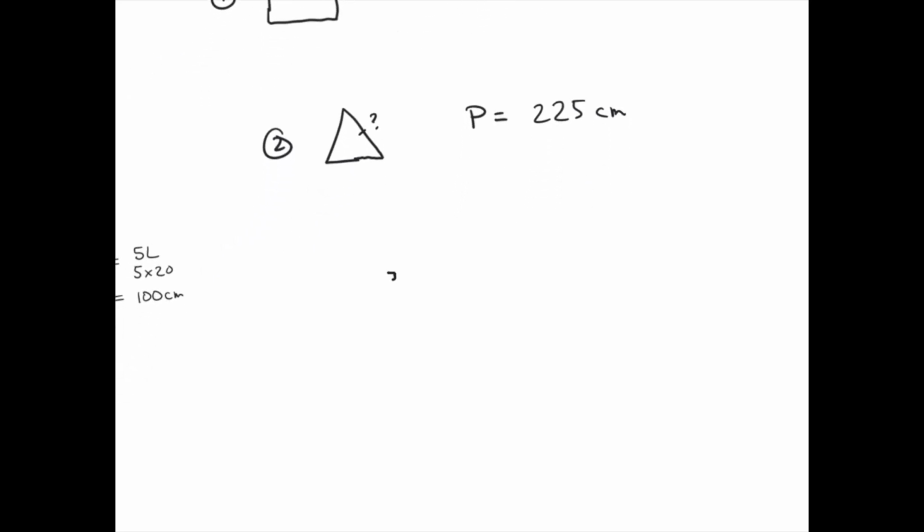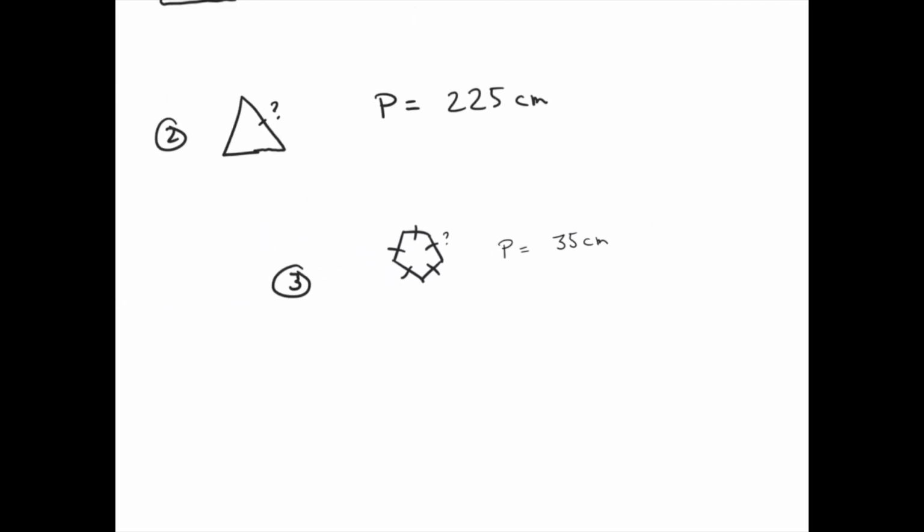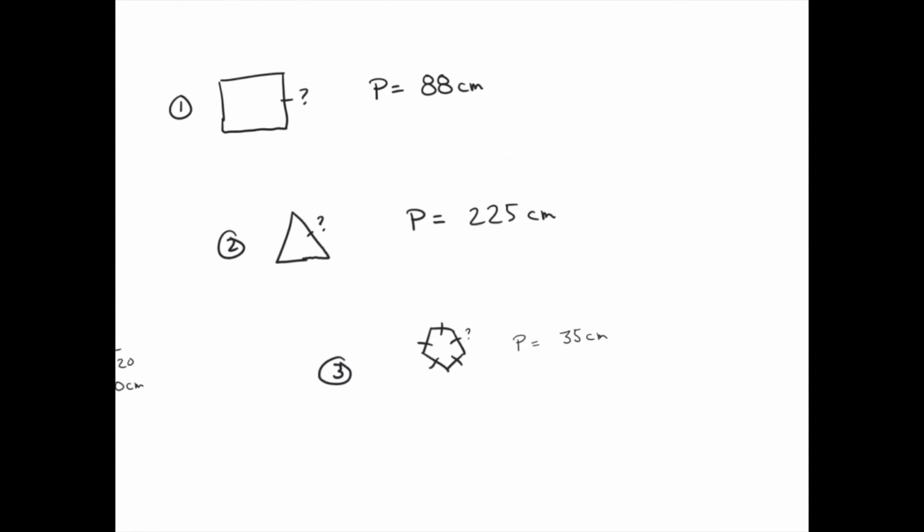And number 3, let's do a pentagon, a 5-sided shape, 1, 2, 3, 4, 5, where again we don't know the side lengths, but we know that the perimeter is 35 centimeters. Okay, pause the video, work those 3 out, and we'll come back and talk about it.